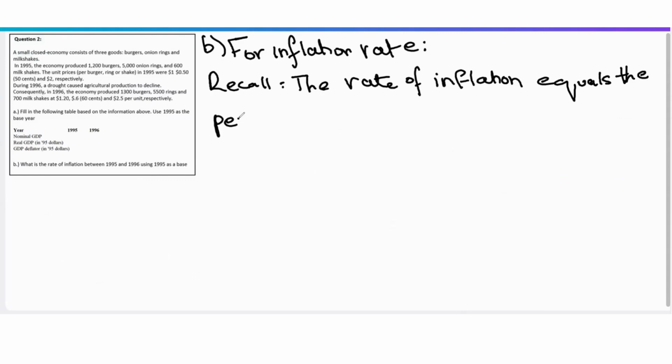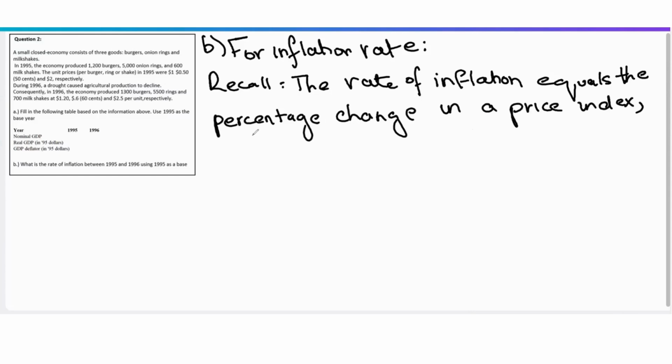In this case, the price index we're using is the GDP deflator. We could use another price index like CPI as well.